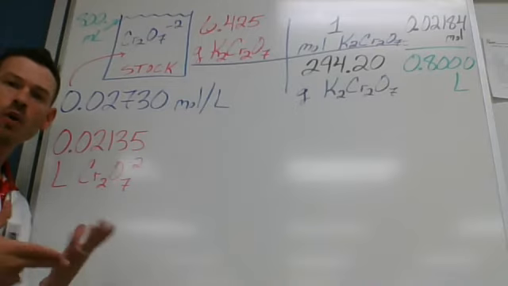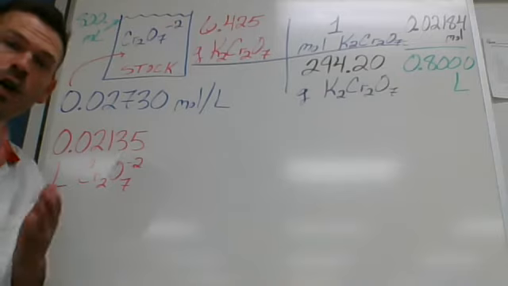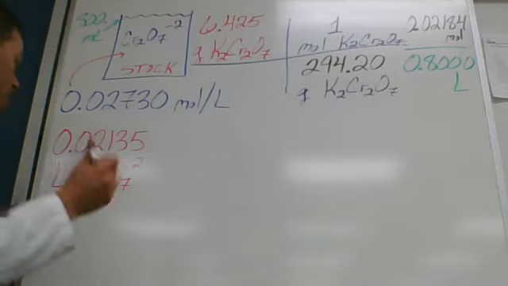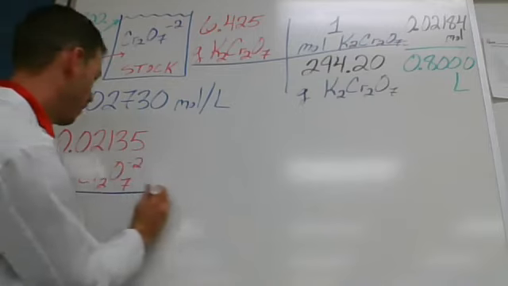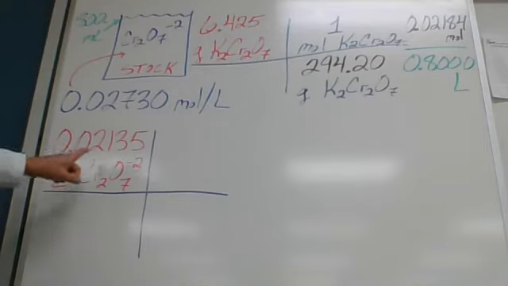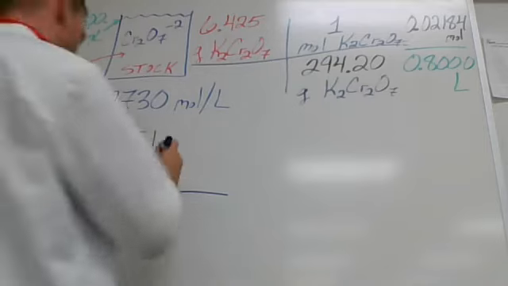And now we can go through our 3 steps. Step 1, we need to start with moles. We need our known, the dichromate ion, to be in moles. We can do that. We're going to go from our known to moles of known.